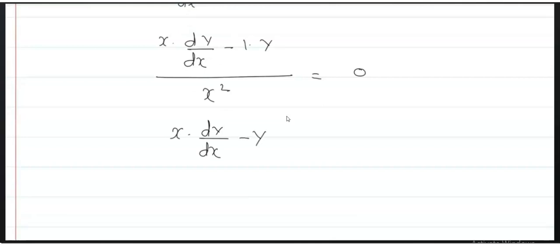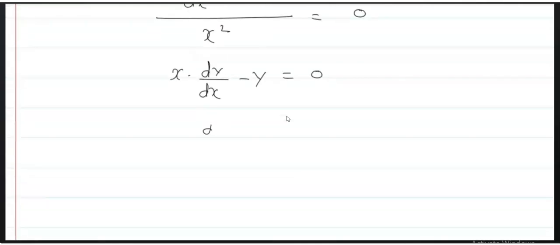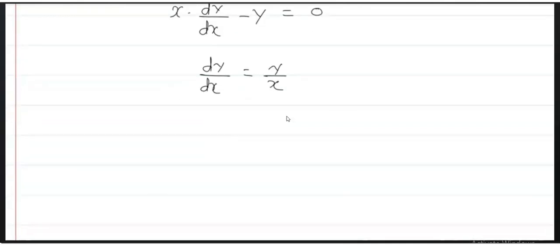The same terms are repeated here. Dy by dx is equal to y upon x.